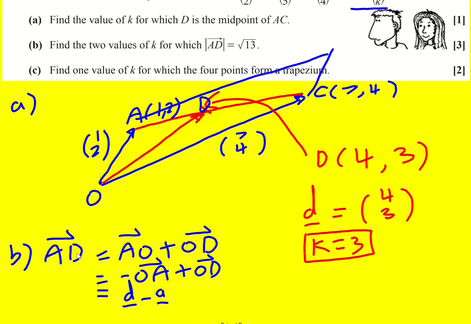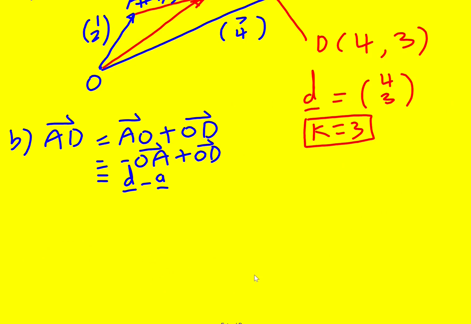But at the end of the day, we always take the second letter and subtract the first for these little position vectors. And we're interested in the magnitude of this vector equaling root 13.